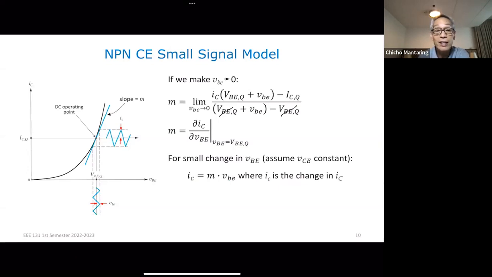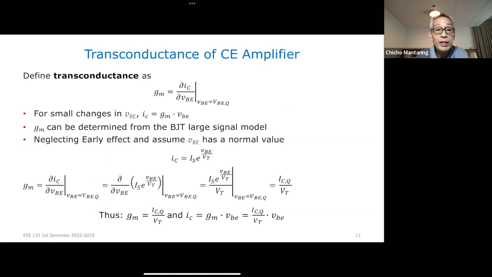Any questions? Do you understand this idea of interpolation? I hope you understand this idea of interpolation. Okay, what we're going to do is define the term transconductance.